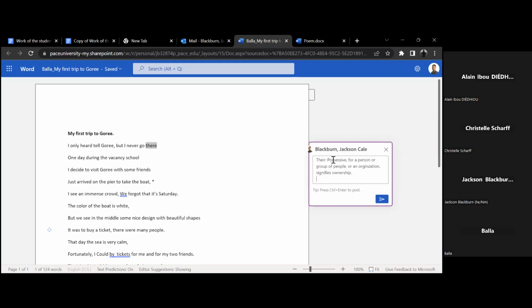There, which is the correct one, since you're talking about Gori as a location, usually indicates a location. So since you're talking about Gori as a place, you would use there, spelled like this. And then let's just do this one because sometimes people mess this one up as well.